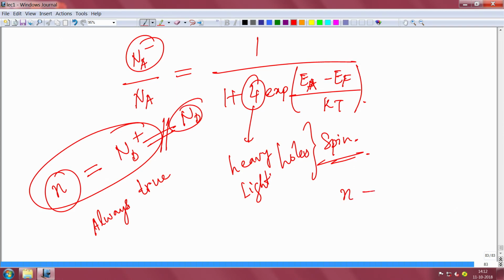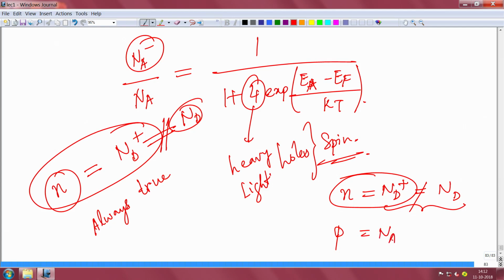So, N will always be equal to Nd plus, but whether all the Nd pluses come from Nd, some of them may not have come from Nd. If it is 100% ionized, this will hold true. If it is not 100% ionized, say 60% or maybe 50%, this will not hold true, but the other will always hold true. Same thing with holes. Okay, this will always be true, but this need not be true. So, that we should keep in mind.